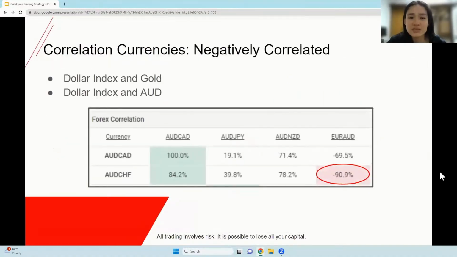So let's move on to negatively correlated. Some examples of negatively correlated pairs tend to be the DXY and gold, as well as the DXY and the Aussie dollar. In this example, we are looking at the Euro Aus and Aus franc, which are minus 90.9% correlated.